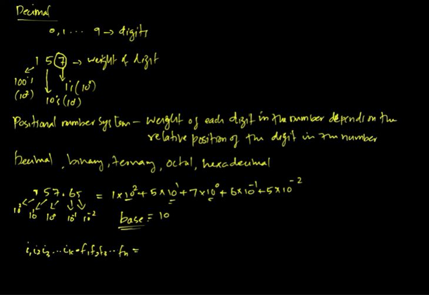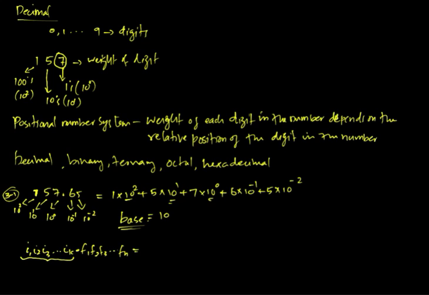Here the weight of 1 is 10 raised to 2; the integer part has a total of 3 digits, so the weight is 2. The first one has a weight 2, so we can say that it is 3 minus 1. So if we consider like that, here I1, I2, I3, etc. Ik is the integer part. This integer part consists of k digits.